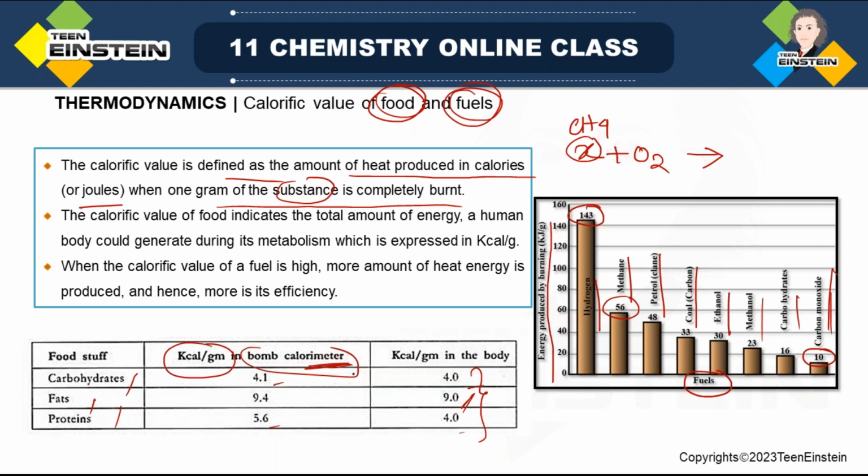For fats, the calorific value is high compared to carbohydrate and protein because it produces more energy when only 1 gram of the food is metabolized.